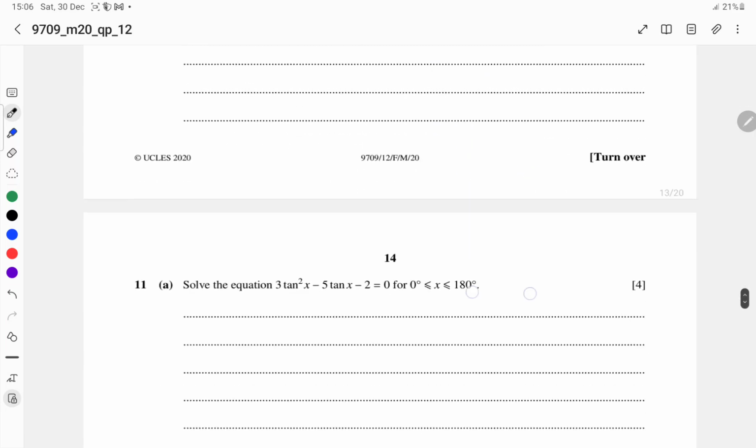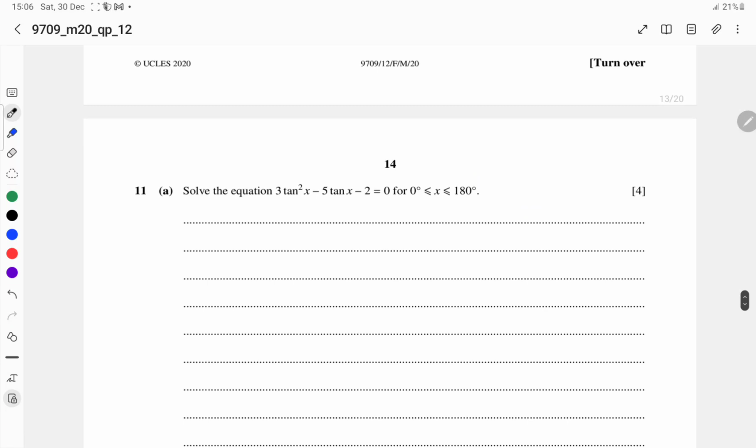And then let's move on to the next question. Solve this equation for theta from 0 to 180. So this is a quadratic equation in tan, right? We need to factor it: 3 times minus 2 is minus 6, and we need to break minus 5 into minus 6 and 1. 3 tan squared x minus 6 tan x plus tan x minus 2 equals 0.